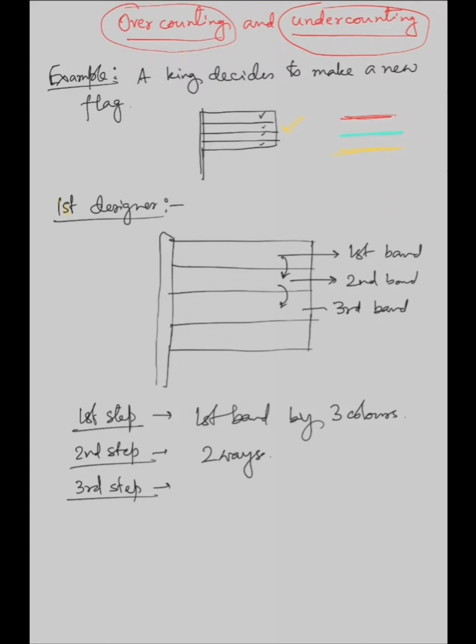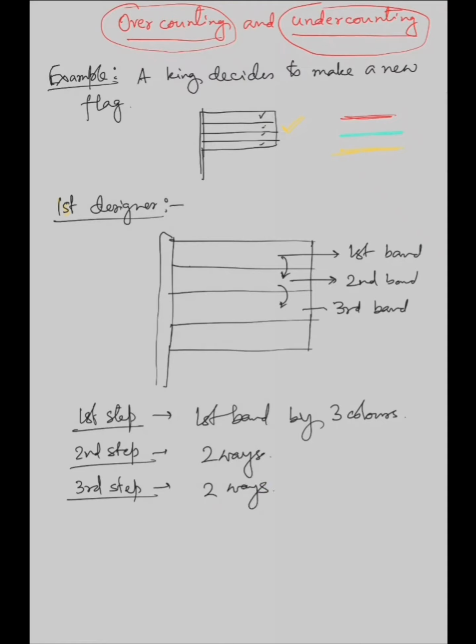Because he had two colors to choose from in the second band, and if he applies one of them, one color is left. And if he applies the first band color, that will also do, because the first and third bands are not attached to one another. So here he has two options. So in the third step, he can do it in two ways.